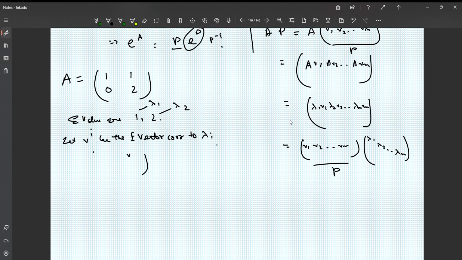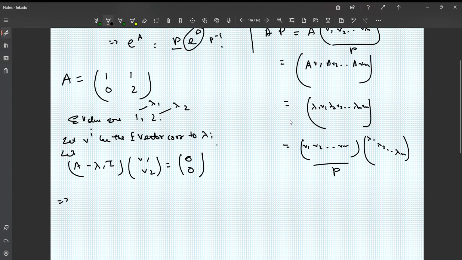Let me not complicate the notation, let me just simply come out with a result. Let (A minus lambda 1 I) times (V1, V2) be equal to 0. So (V1, V2) will comprise the eigenvector corresponding to lambda 1.